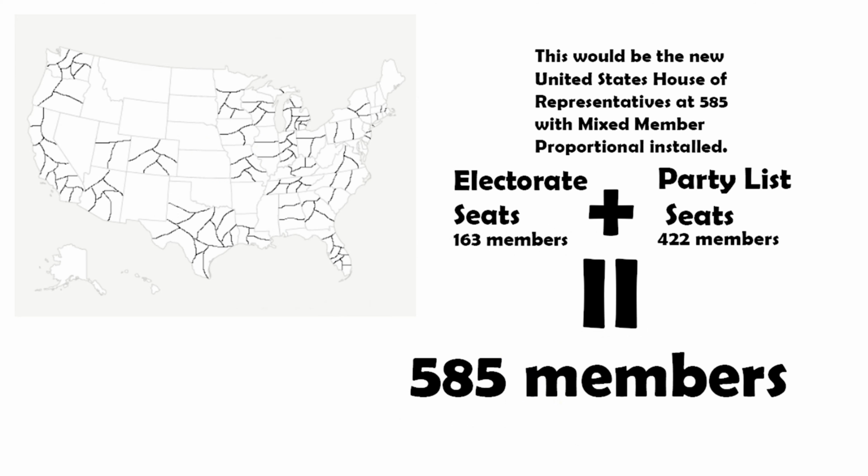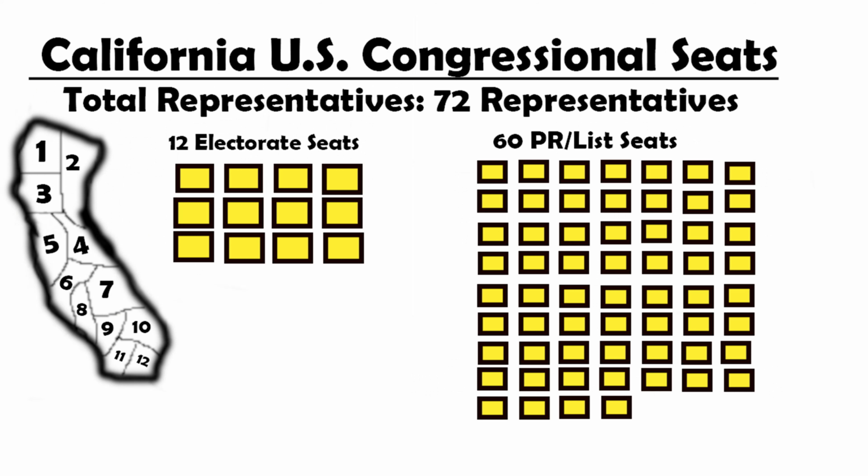Before I end, I also went into further detail with this. As you may know, I'm from California, the Golden State, of course. Since they have 72 representatives, as you see under this picture, I actually redrew some of the districts.